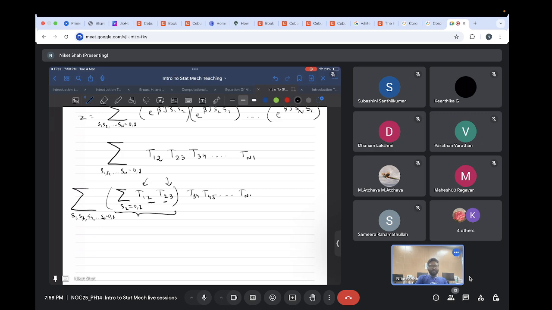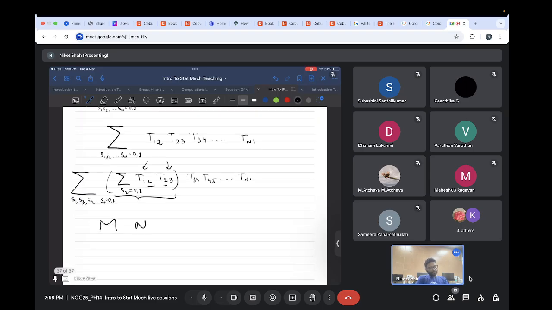When does this happen? Suppose I have two matrices M and N. How do you write the product M times N as a sum over terms?